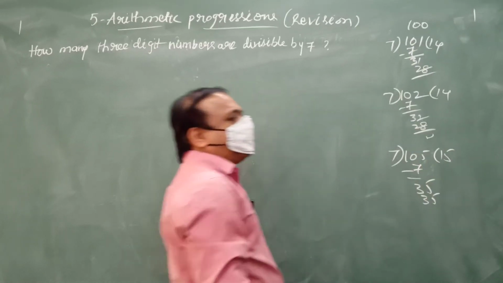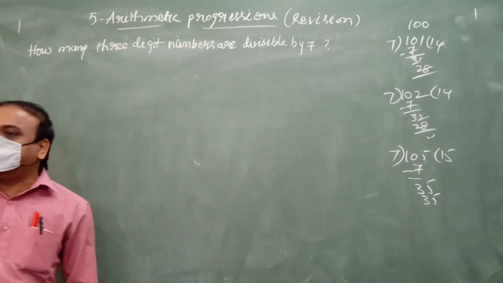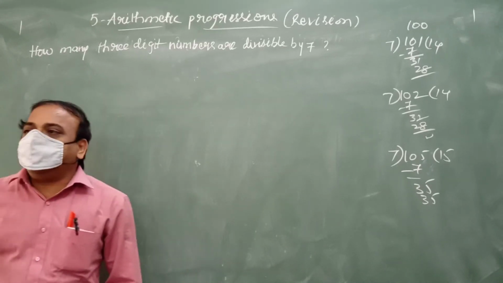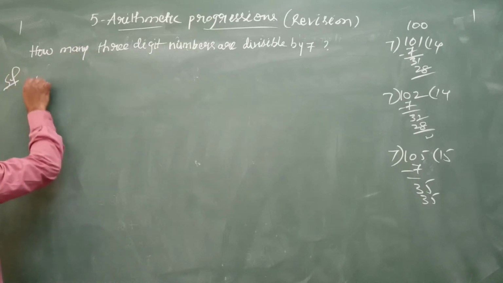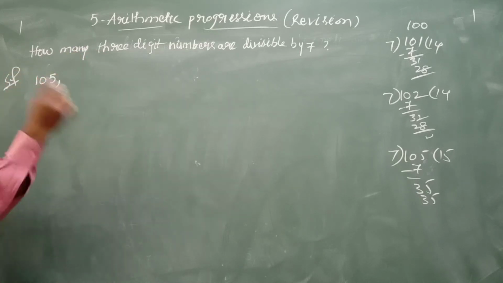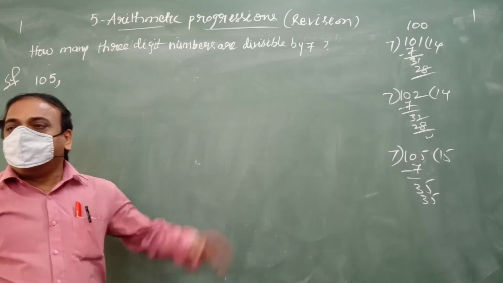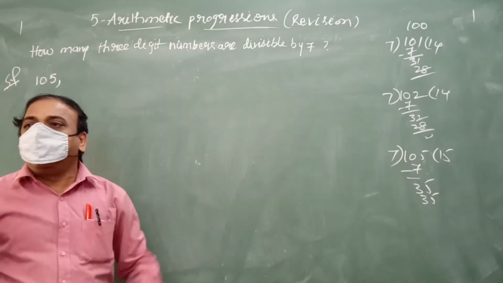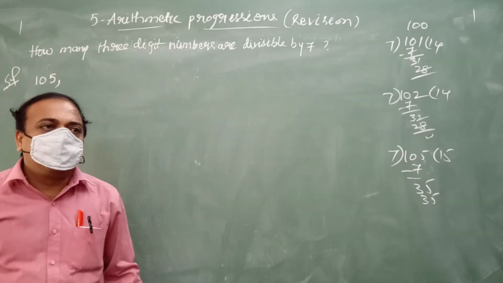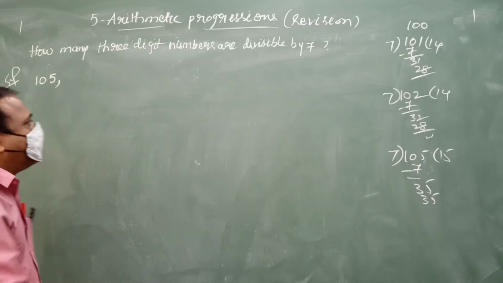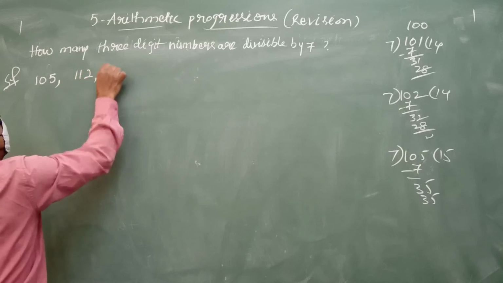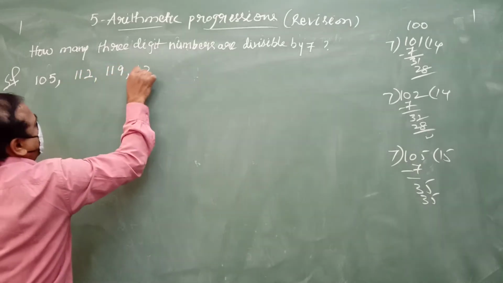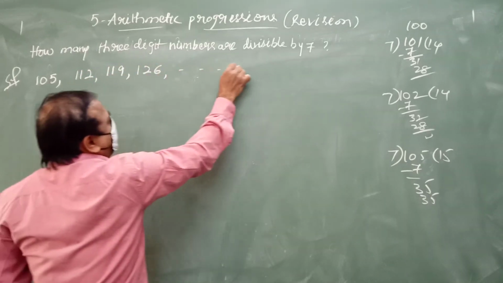So 105 is the starting number which is divisible by 7 among 3-digit numbers. So the starting number is 105. The next one must also be divisible by 7. How much do we need to add to the number? 7. So 105 plus 7 is 112. Next 119. Next 126 and so on.